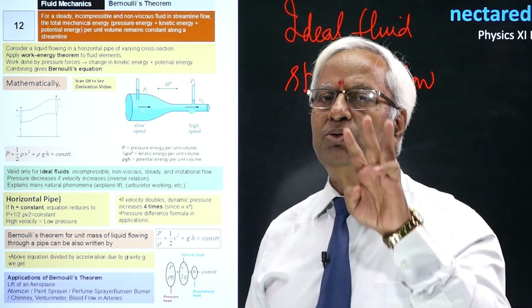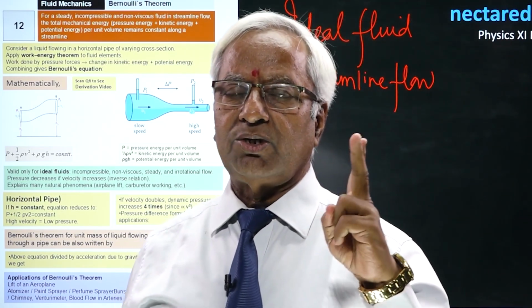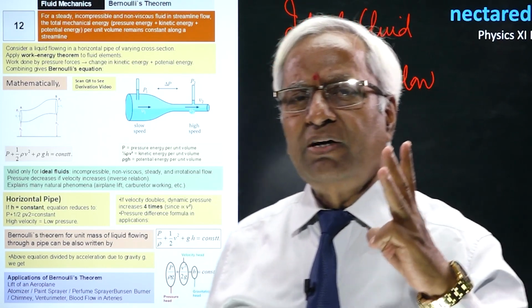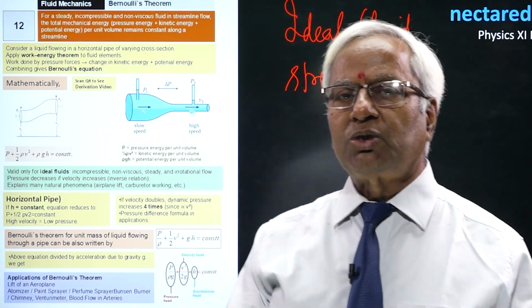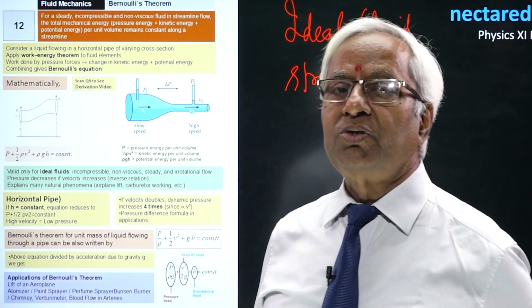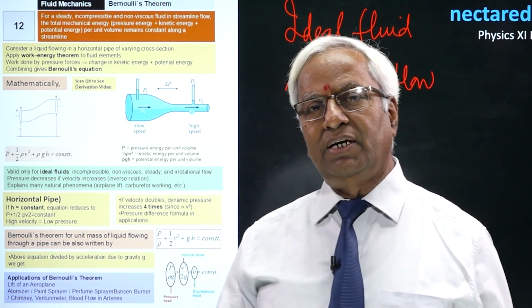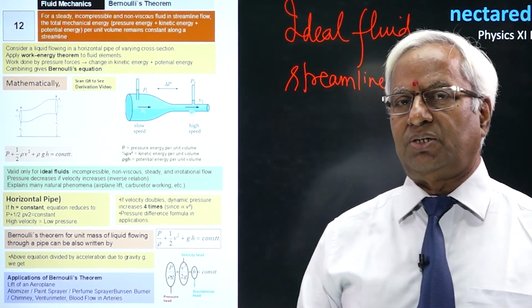So, three terms you need to remember. For an ideal fluid in a streamlined flow, per unit volume, the sum of three energies is constant. What are those three energies? Kinetic energy, potential energy, and the pressure energy.